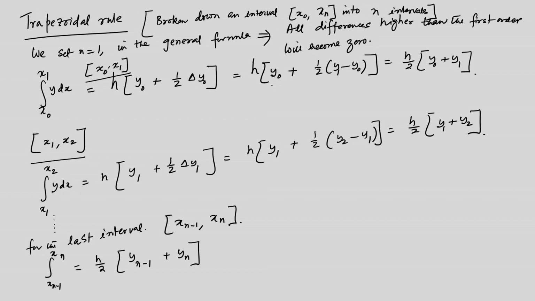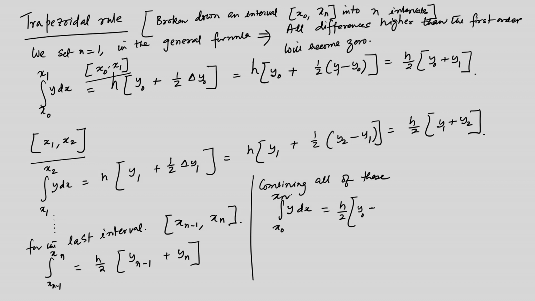So, combining all of these, one gets the integral of y dx between x 0 and x n, which is equal to h by 2 times y 0 plus twice of y 1 plus y 2 up to y n minus 1, plus y n.